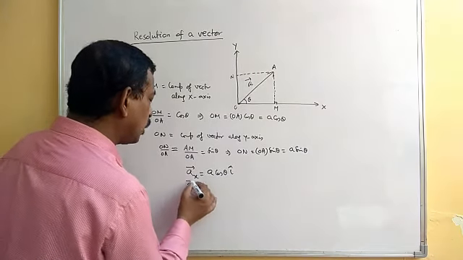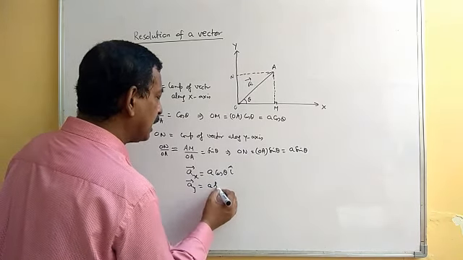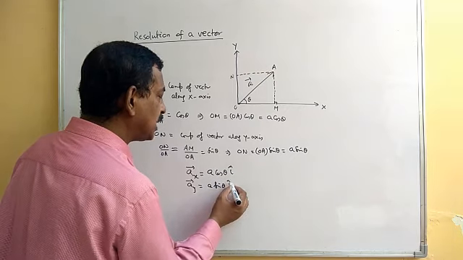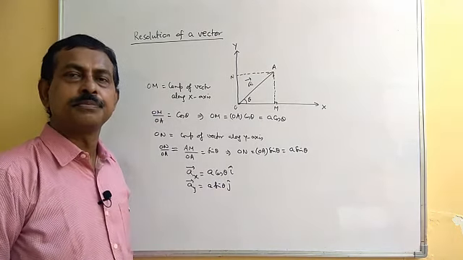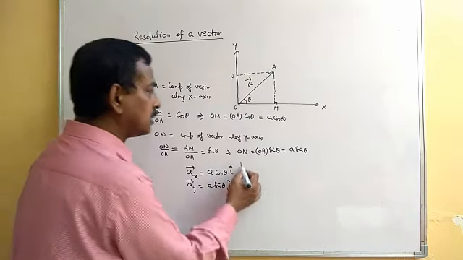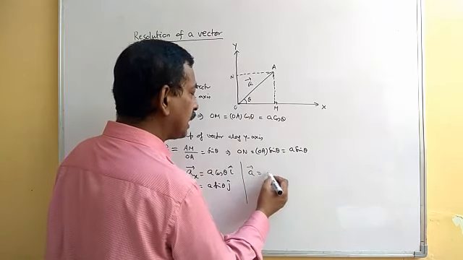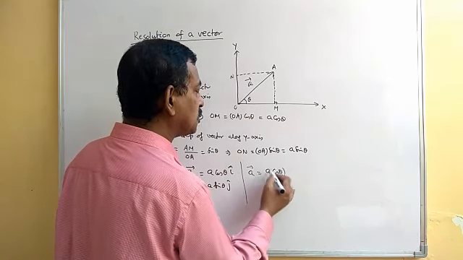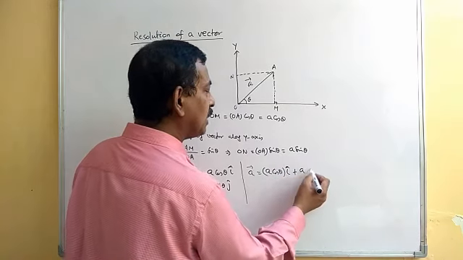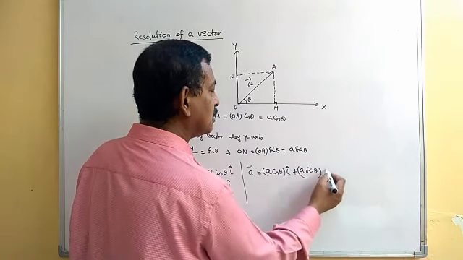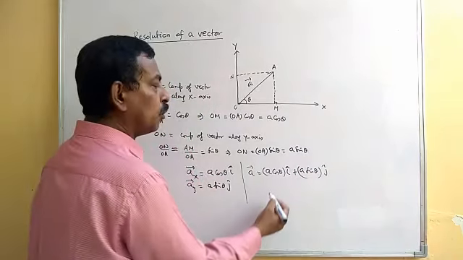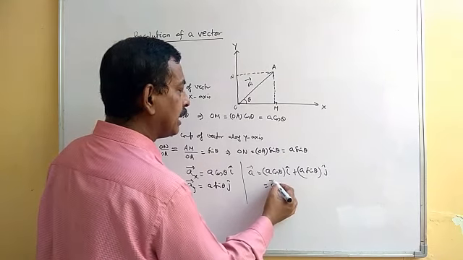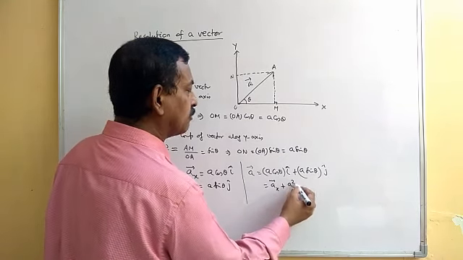The vector along the Y axis is A sin theta J cap. So that means the vector A can be written as A cos theta I cap plus A sin theta J cap, which is basically the AX vector plus the AY vector.